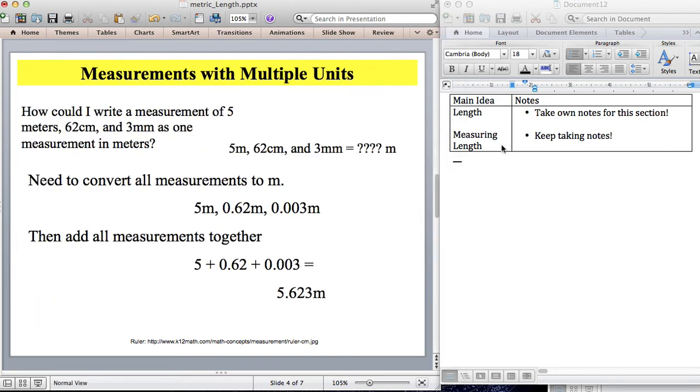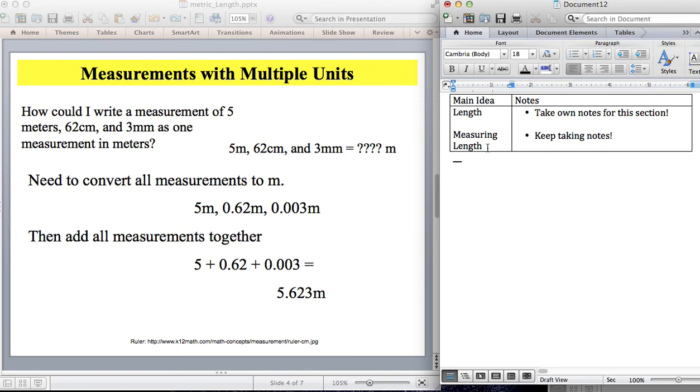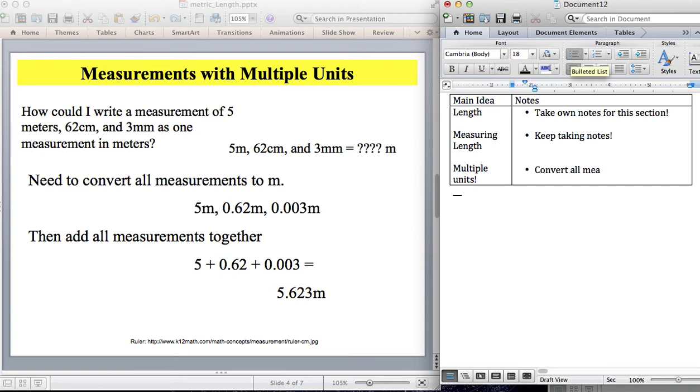Measuring length with multiple units. What if I have a measurement of 5 meters, 62 centimeters, and 3 millimeters as one measurement? If we have a measurement in multiple units, the first thing we need to do is convert all measurements to the same unit.